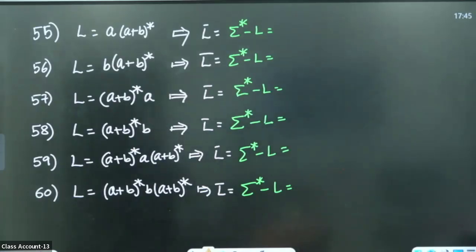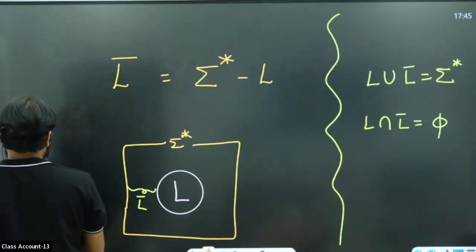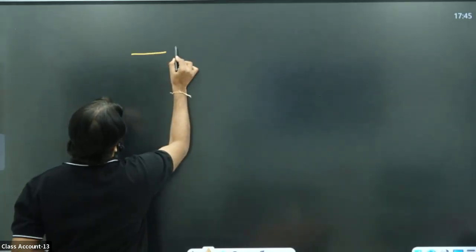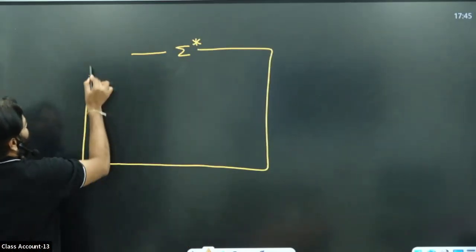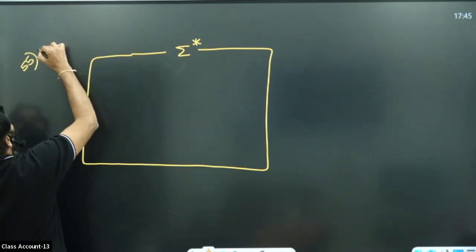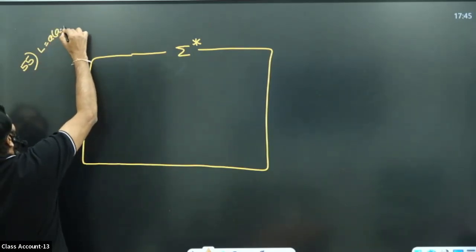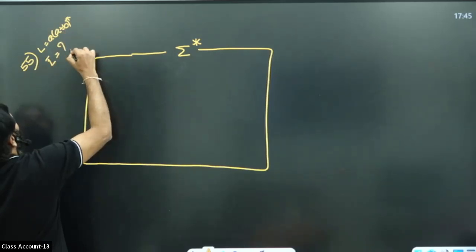Okay, I'll explain the first one, 55. Look, this is everything, right? Sigma star. And for 55, we are talking about strings starting with A. Our question is, what is L complement?